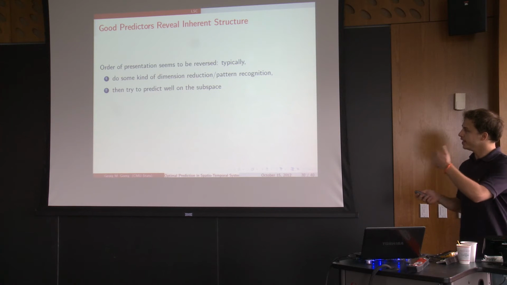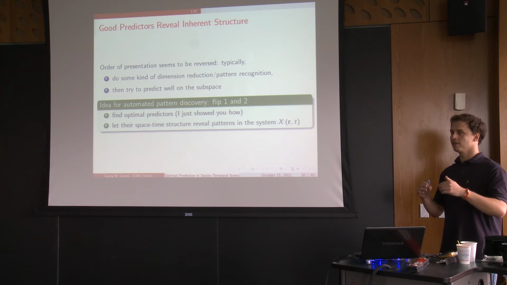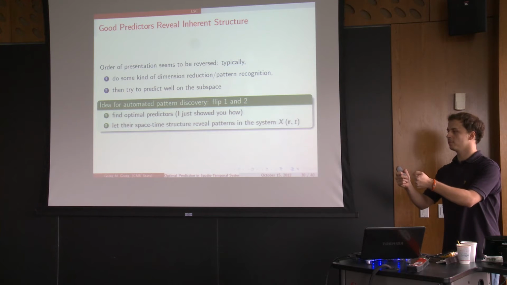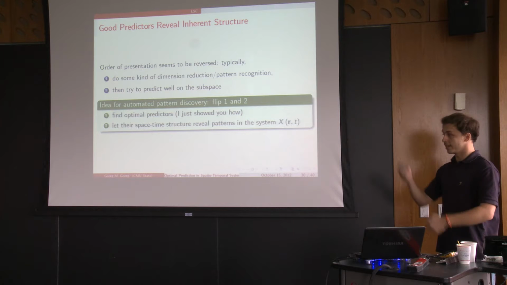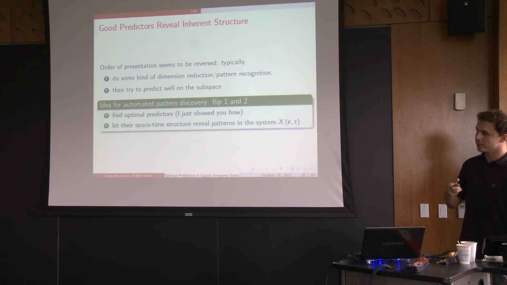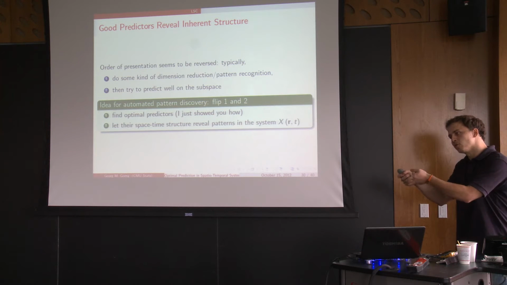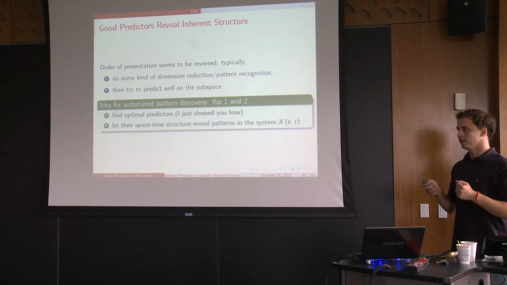So the idea for this automated discovery is you flip it, because I know how to do optimal prediction. I don't know how to do optimal pattern discovery, but I know how to do optimal prediction. I just showed you how to do that. And then, once you find the predictors, let the structure of the predictors give you the structure in the system. Right? And this is the measure that we'll use.